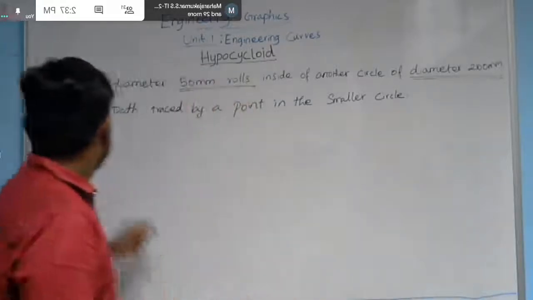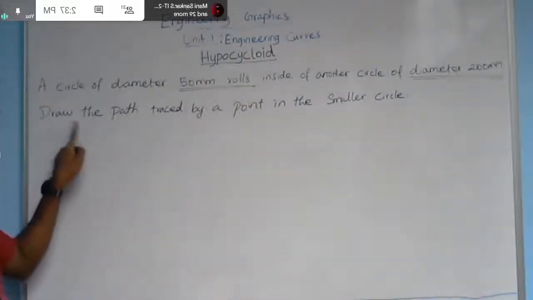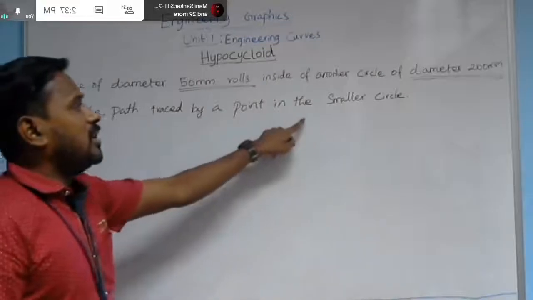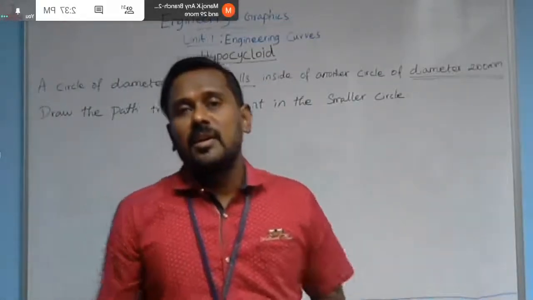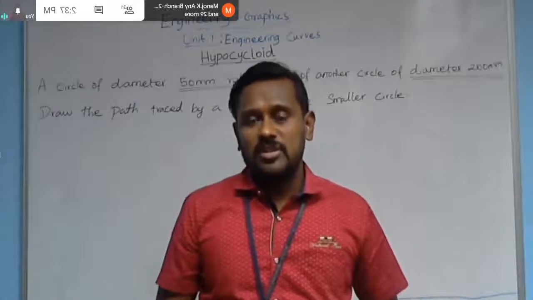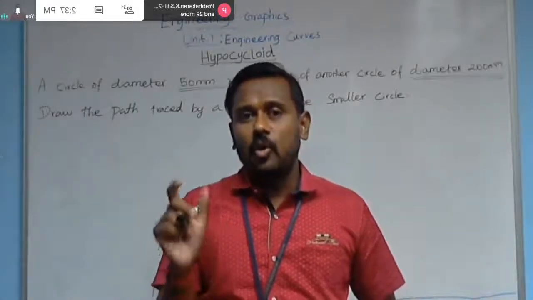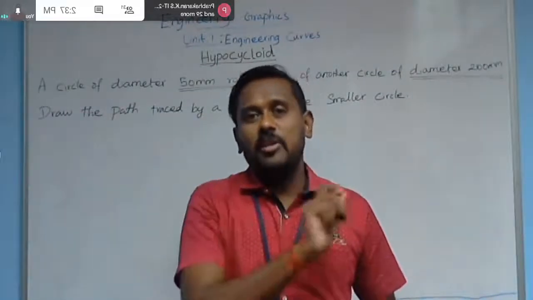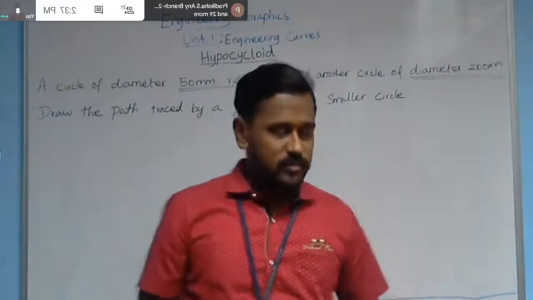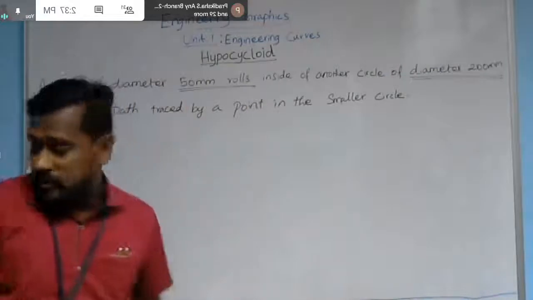You need to draw the path traced by a point on the smaller circle. Simply, they are asking to draw the hypocycloidal curve. Since the generator circle rolls inside of the director circle, the curve will be the hypocycloidal curve.